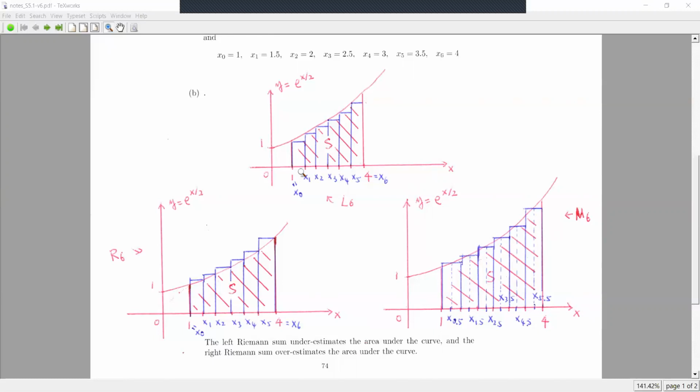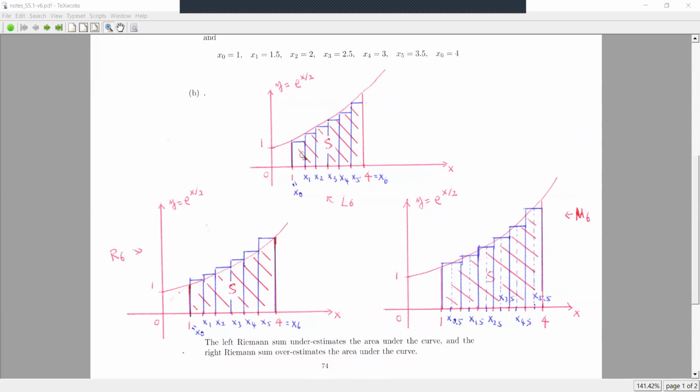Over the first subinterval, I use the function value at the left endpoint of the subinterval as the height to build 1 rectangle. Over the second subinterval, I use the function value at the left endpoint, x1, as the height to build a rectangle. Over the third subinterval, I use the function value at the left endpoint, x2, as height to build a rectangle, and so on.